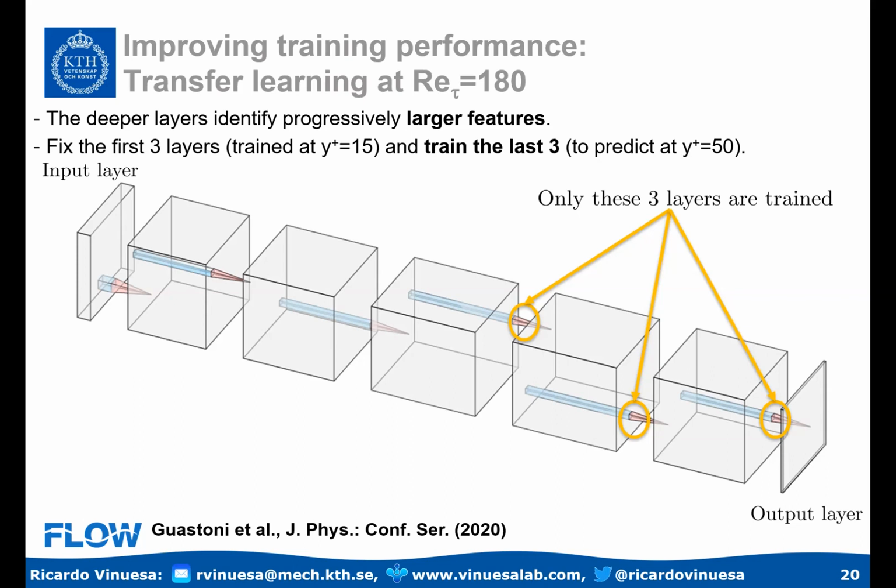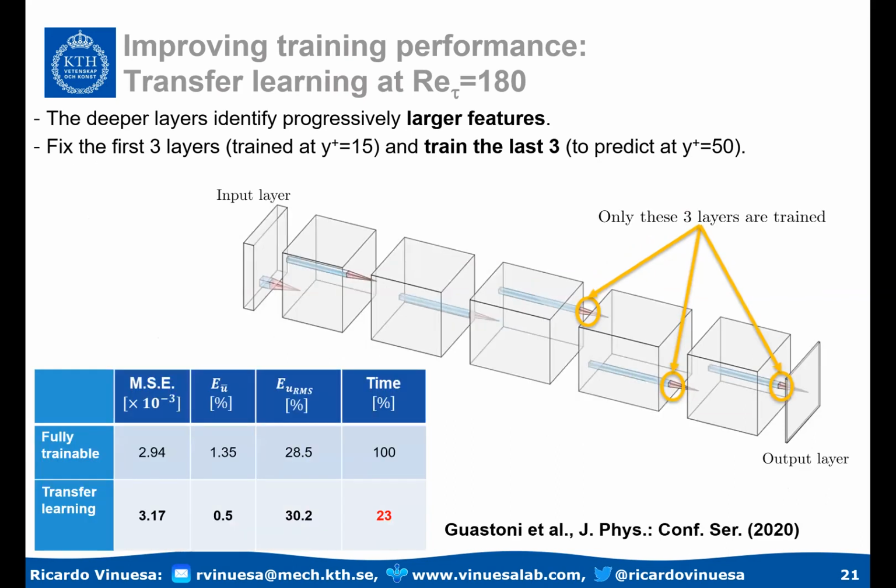And if you remember from before, the first layers are looking at simpler and smaller features, which in principle are more similar close to the wall and farther away from the wall. And the larger scales that are going to be predicted by the last layers, those ones will change close to the wall and farther away from the wall. So what I do is that I am fixing the first three layers, and I'm retraining the last three layers to really see if we can improve the performance of our network.